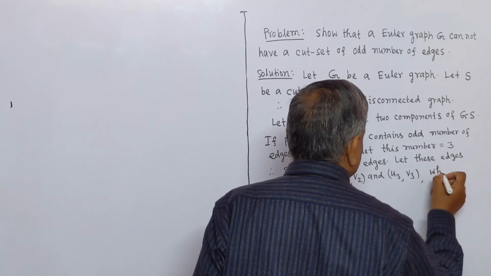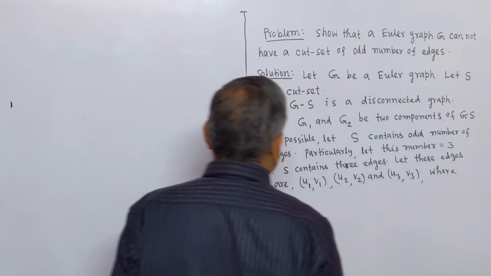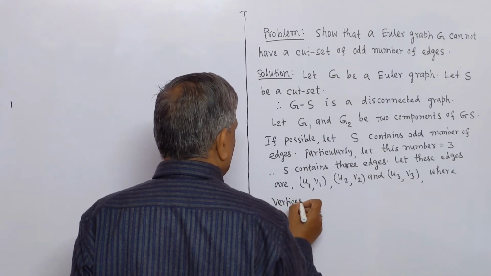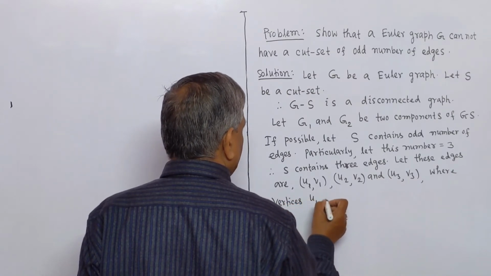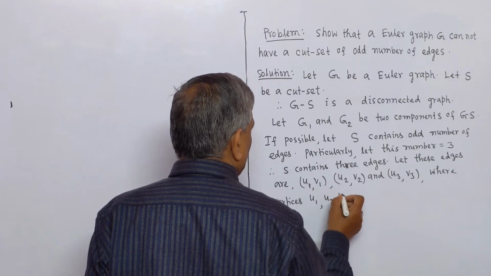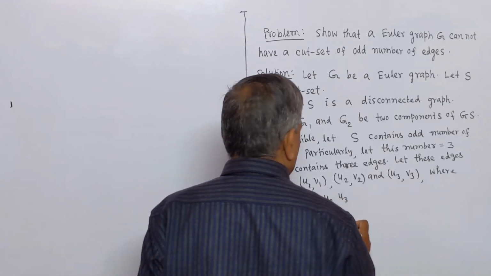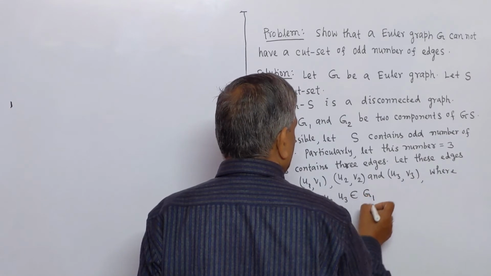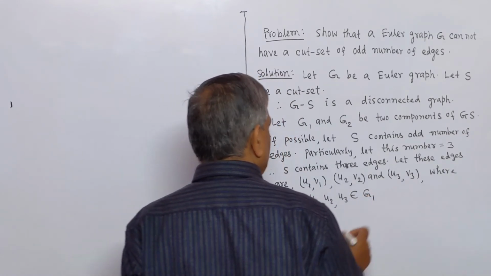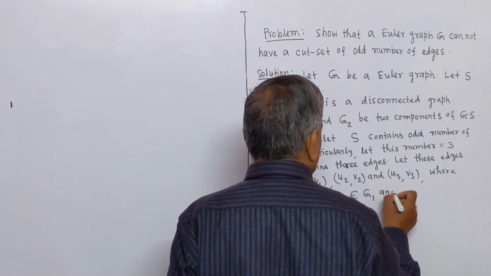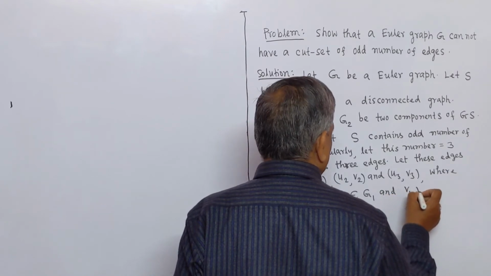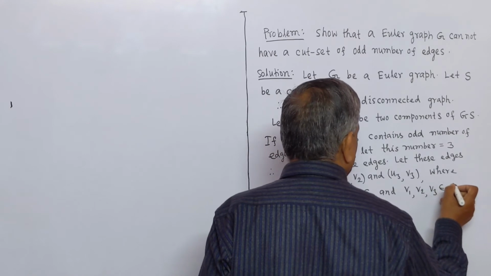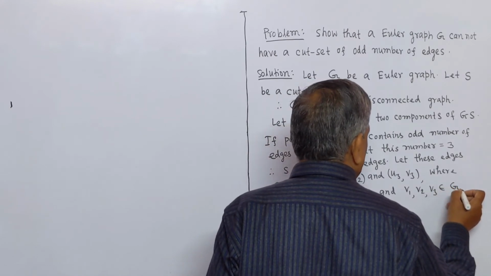Where the vertices U1, U2, U3 belong to the first component G1, and V1, V2, V3 belong to the second component G2.